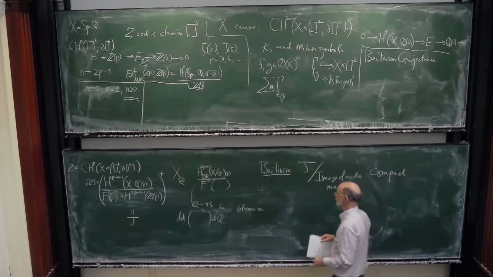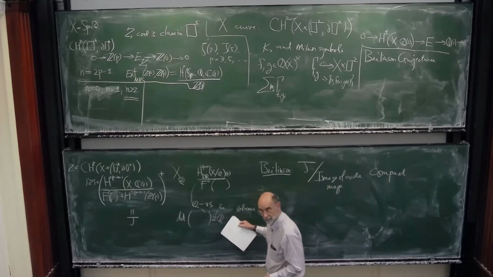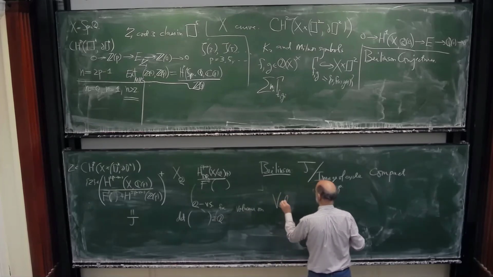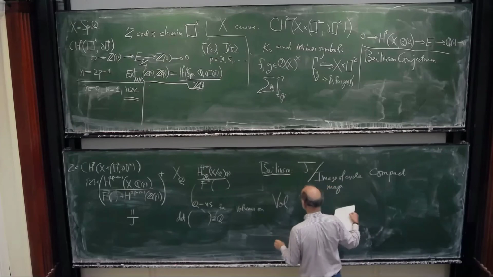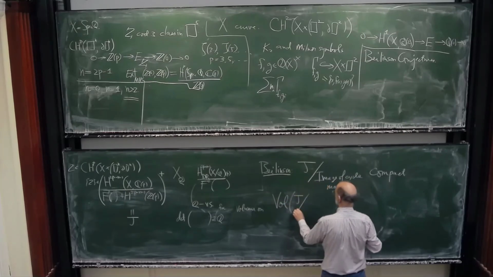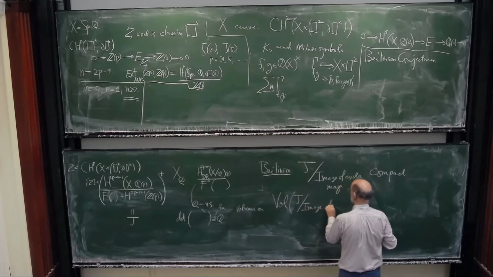And so we should be able to compute, and we have a measure. We have a volume. So we compute the volume, or the co-volume of this lattice. So the volume, let me say, of J modulo this image of the cycle.